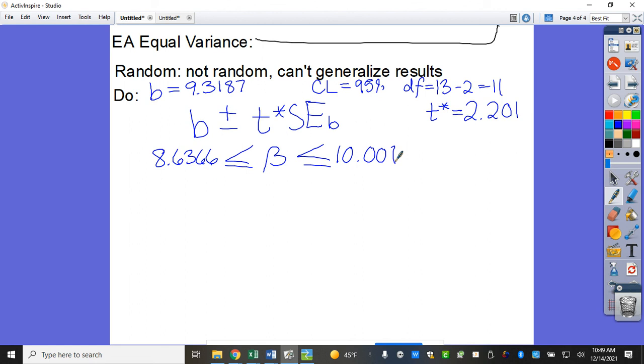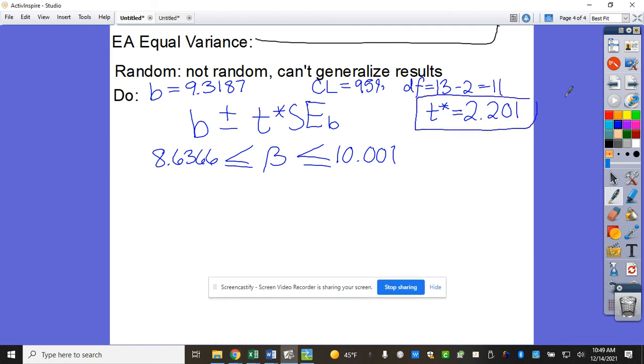I can do more with that if I need to, but I think that should get most people through that problem. So the big thing is, and this is why I make a big difference between when I write test statistic equals or T-star equals, because of problems like this where your calculator can give you both things, and T-star is the thing I use to find an interval. Test statistic is the value that I get when I run a test.